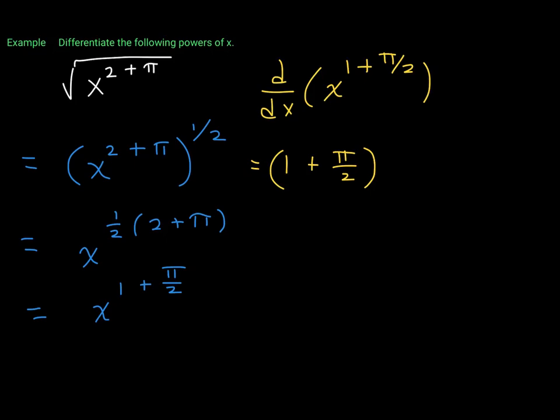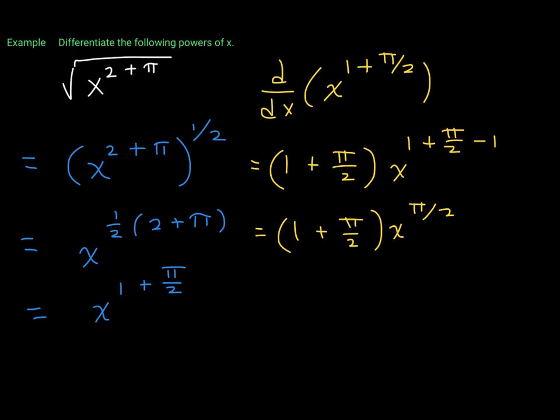Put that in parentheses because it's more than one term, right? Times x to the power of 1 plus pi over 2, now minus 1, according to the power rule. We should simplify this as 1 plus pi over 2 times x to the power of pi over 2. All right. Okay, very good.